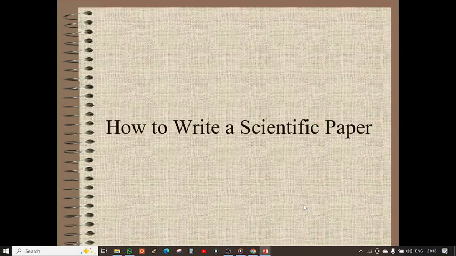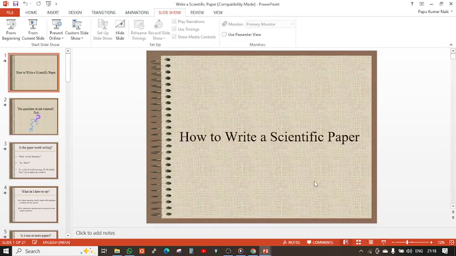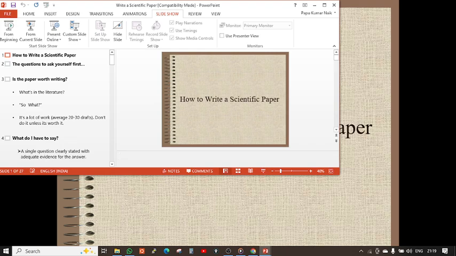So is the paper worth writing? That means, what is already in the literature, and what are the outcomes? It is a lot of work, on average 20-30 drafts, so do not do it unless it is worth it. If you have in your mind that you are going to write a paper for a particular journal, you should keep in mind that the paper you are writing is really worth writing for this journal.